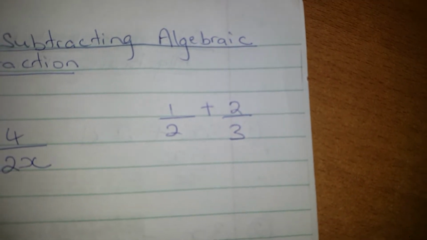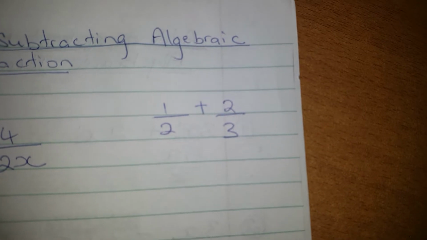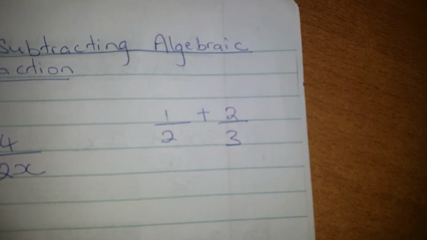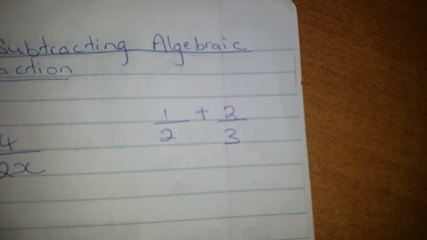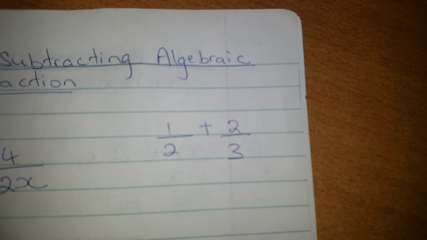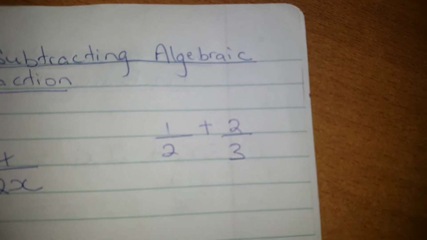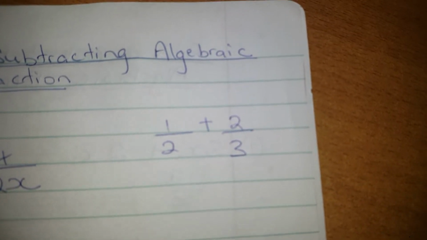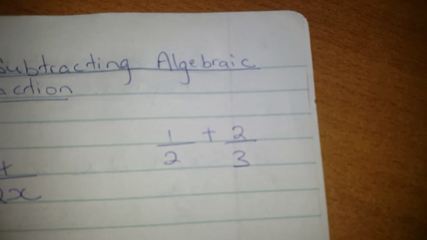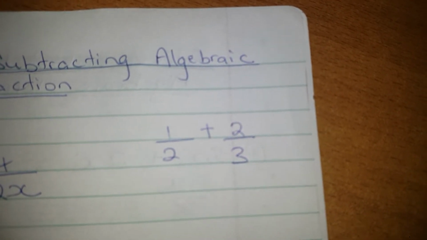The aim is to find a common denominator, or what we like to call the lowest common denominator, or the lowest common multiple. In other words, we're being asked to find a larger version of both 2 and 3 where both of them are factors of that number.